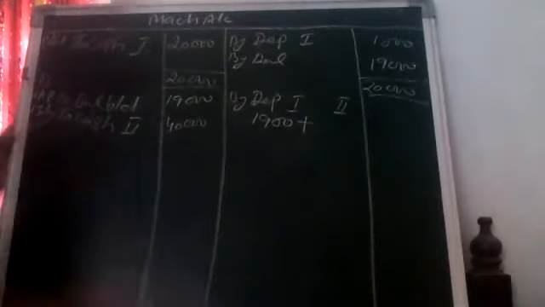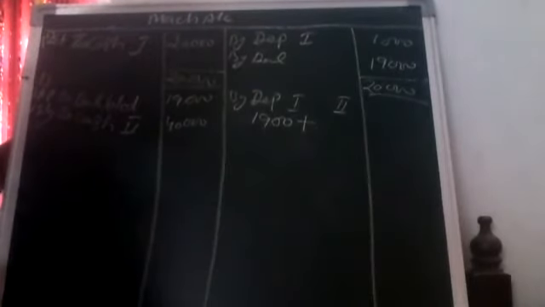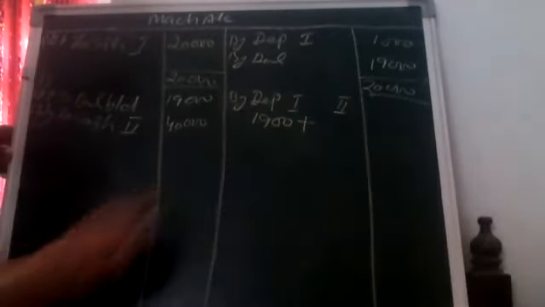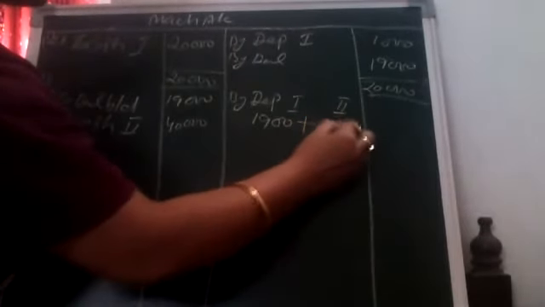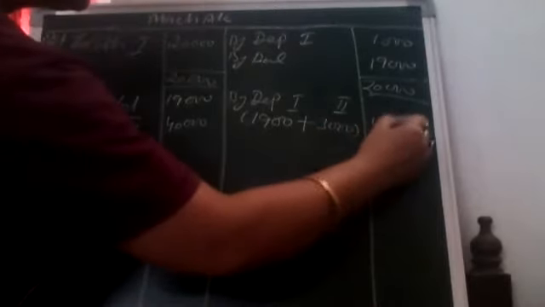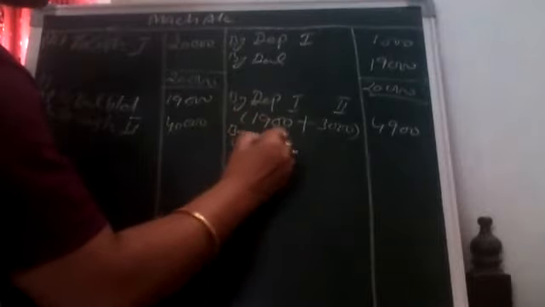It was purchased in July, so that was 3,000 rupees for 9 months. Total depreciation is 4,900, and we will find out balance CD. Do the calculation, everyone. Do it fast.